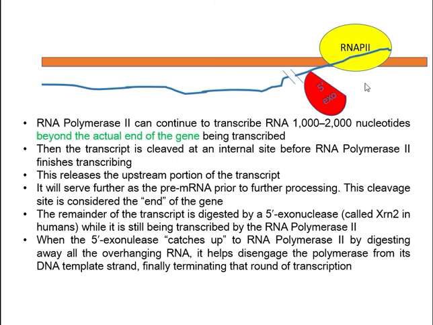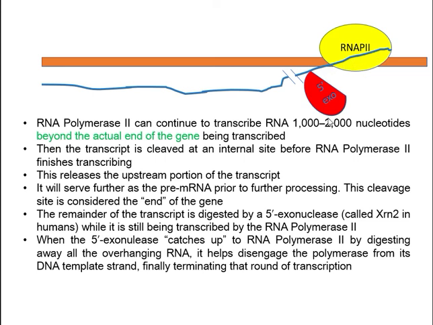So, once again, in this gene which is coding for this mRNA, there is no such region called a termination sequence. So, what RNA polymerase II does is, even after the actual end site, it will continue transcribing around 1000 to 2000 nucleotides.